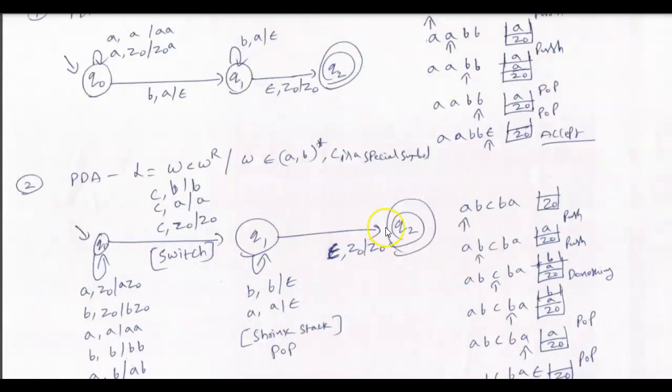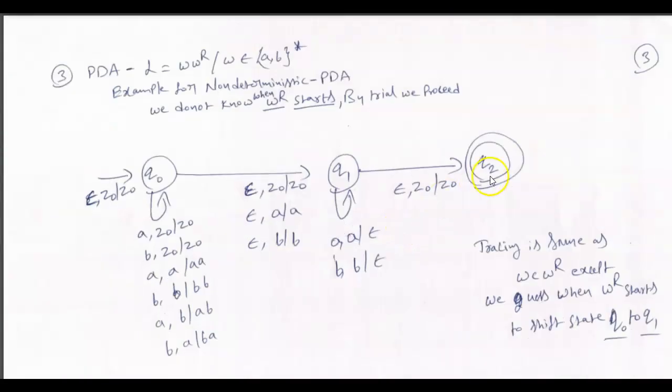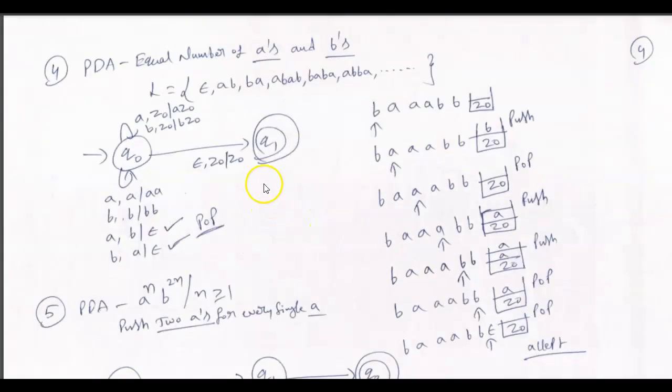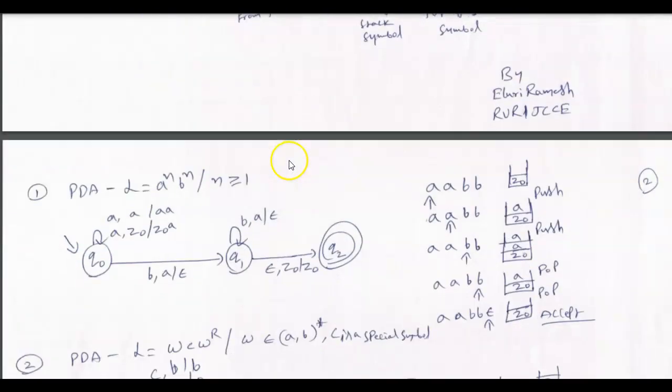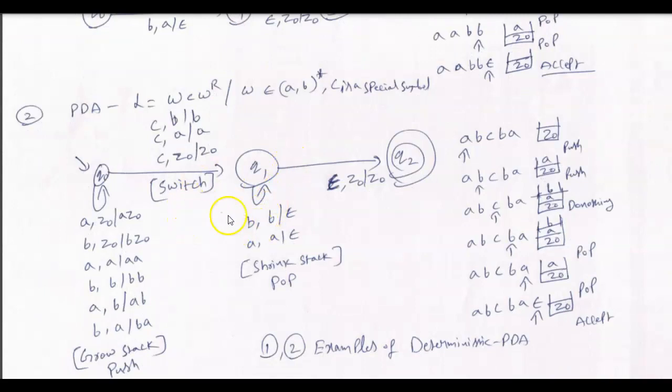Here it is Q2, generally here it is Q1, like that. You have to mention all those things. After constructing the PDA, you have to mention the 7-tuple value in the exam. To get full marks, you have to define the 7-tuple value.